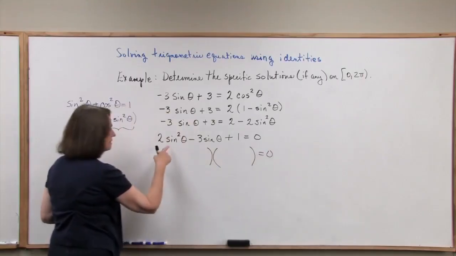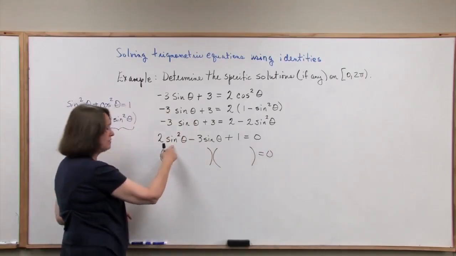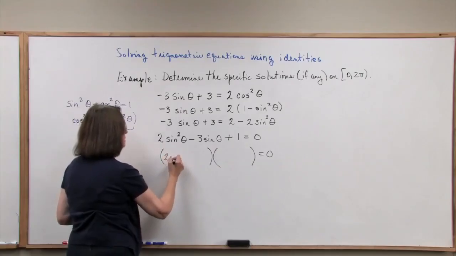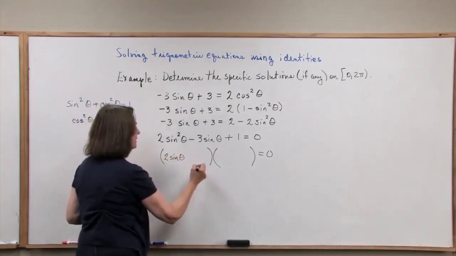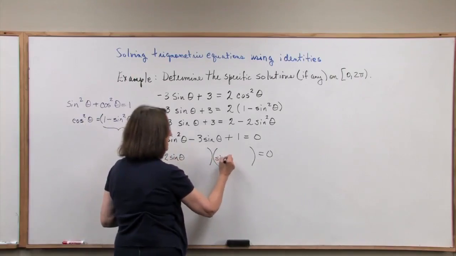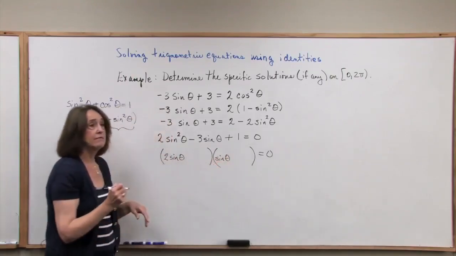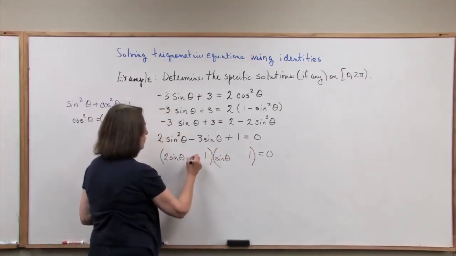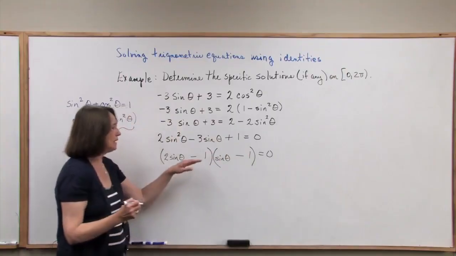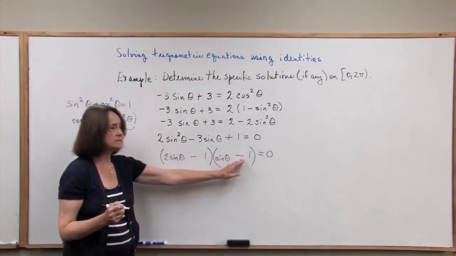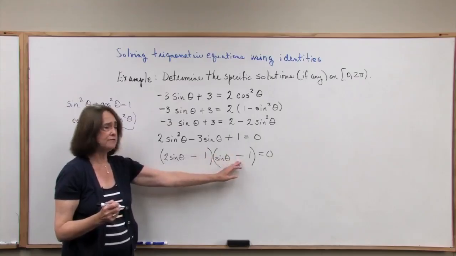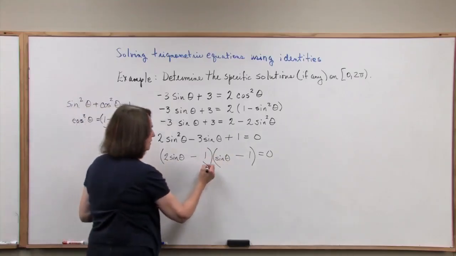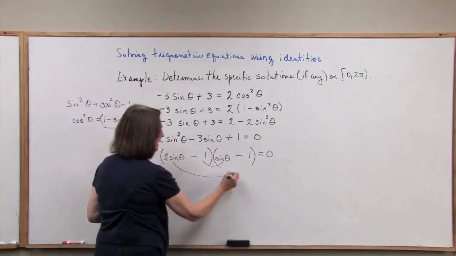I notice the factors of 2 sine theta squared will be 2 sine theta and sine theta. Factors of 1 are 1 and 1. And then we need minus in both of those factors. Checking, this is negative sine theta.